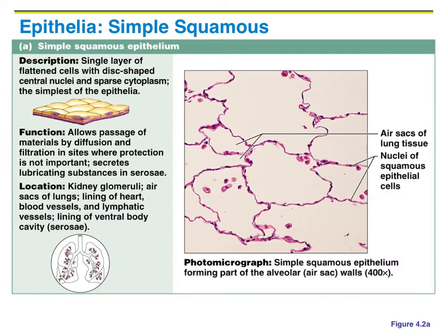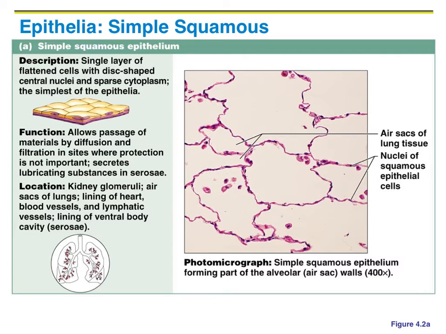In this slide, you can see a micrograph of simple squamous epithelium. This particular sample is part of the alveolar or the air sac walls in the lungs. Again, simple squamous epithelia is a single layer of flattened cells. It allows for materials to diffuse through or to be filtered through.